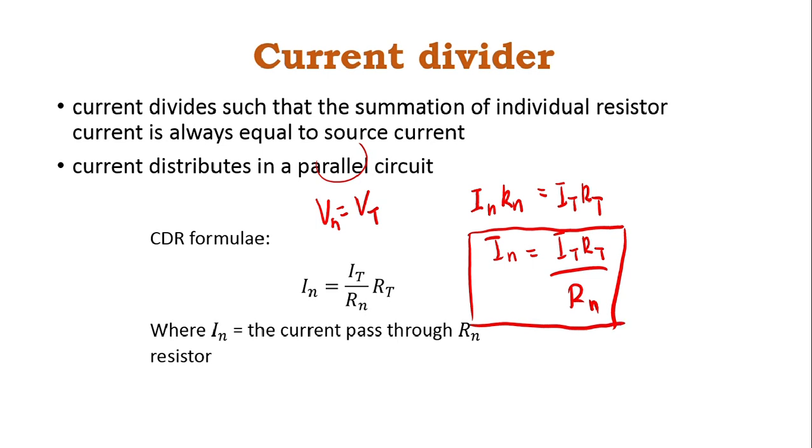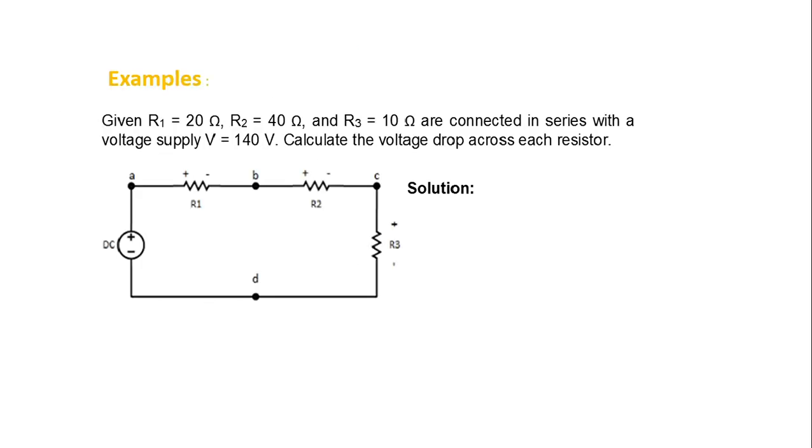So kita tengok voltage and current yang sama. So yang ni pun boleh kira sendiri. Kat sini dia kata R1 20, R2 40, R3 10 connected in series, voltage supply 140. So dia suruh cari voltage drop across each resistor.